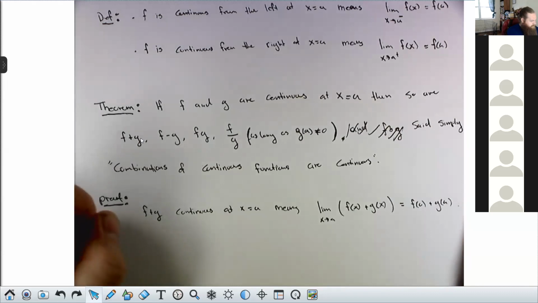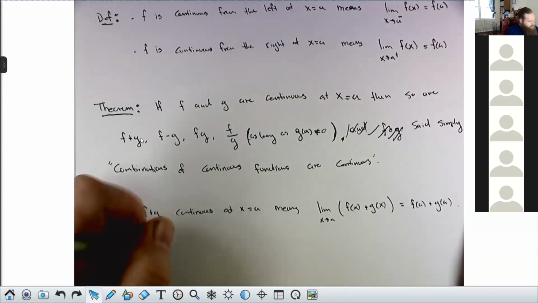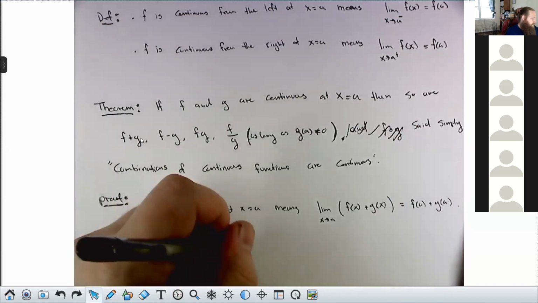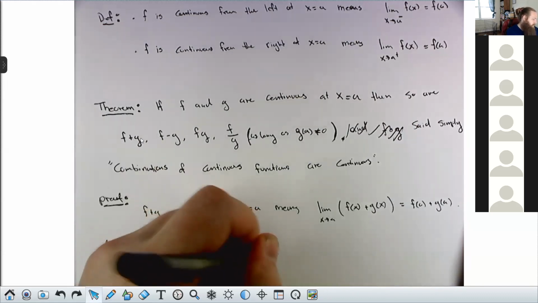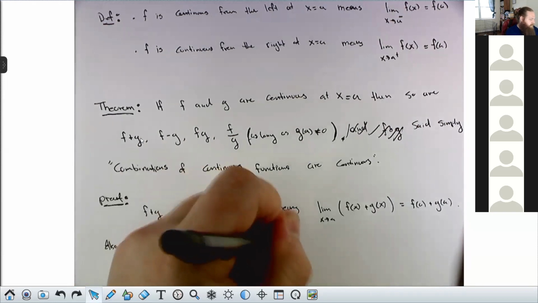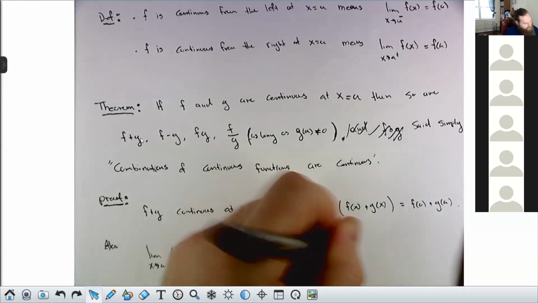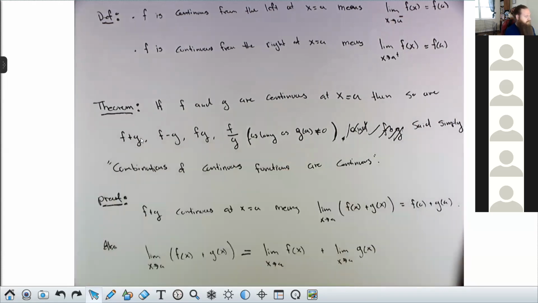Also, the limit as x approaches a of f of x plus g of x, according to the limit laws, is the same as the limit as x approaches a of f of x plus the limit as x approaches a of g of x.